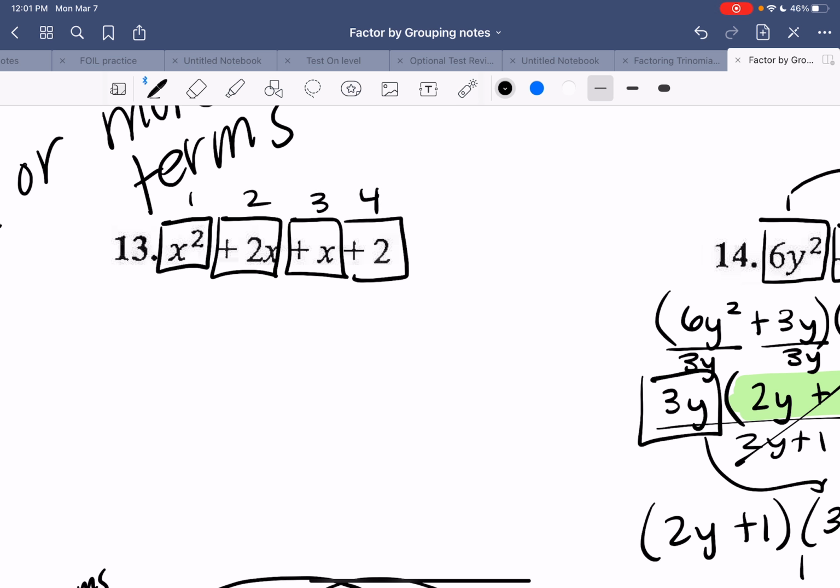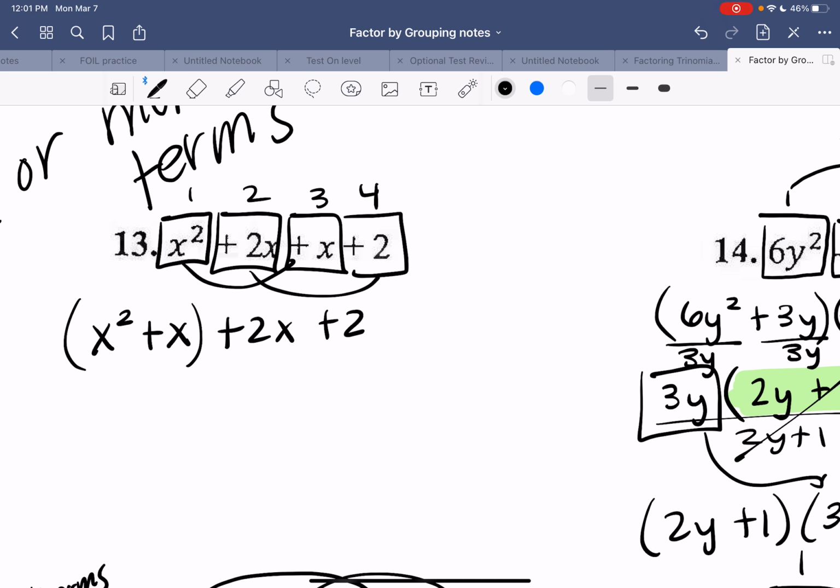I see a common factor there, and a common factor between 1 and 3. So I'm going to say x squared plus x plus 2x plus 2. Then that is more doable. We have our group, and we have our group, and we go from there.